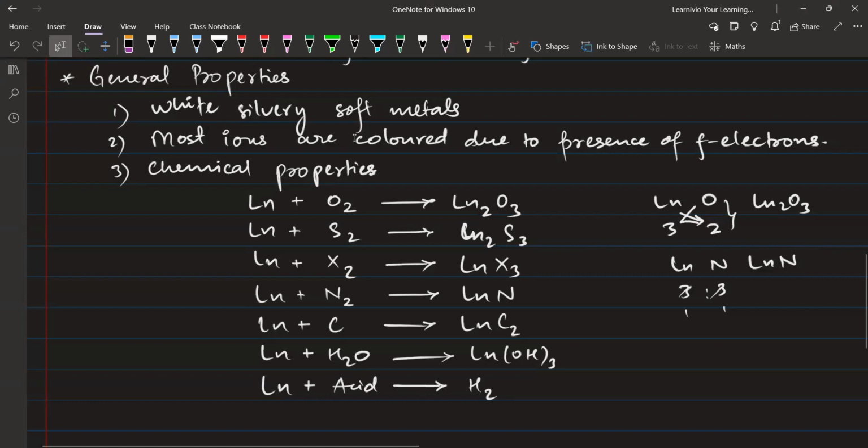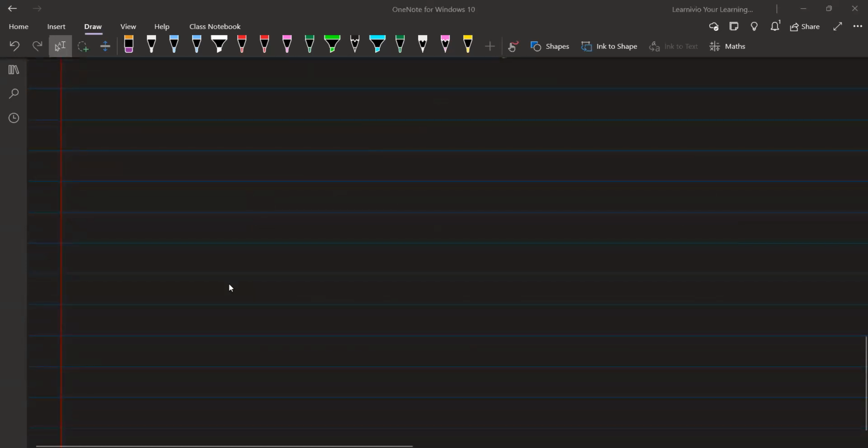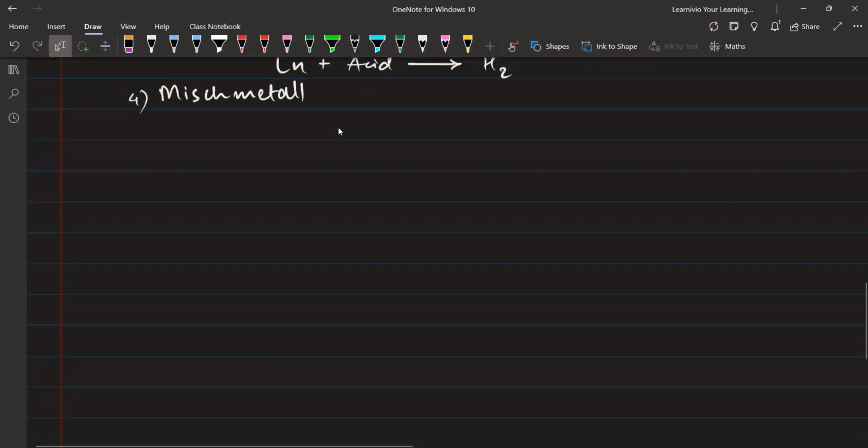Now, fourth point is quite important regarding mixed metal, Mischmetall. Now this particular point is important because NCERT में bold करके लिखा हुआ है mixed metal, है ना? So what is mixed metal? Please write with me.